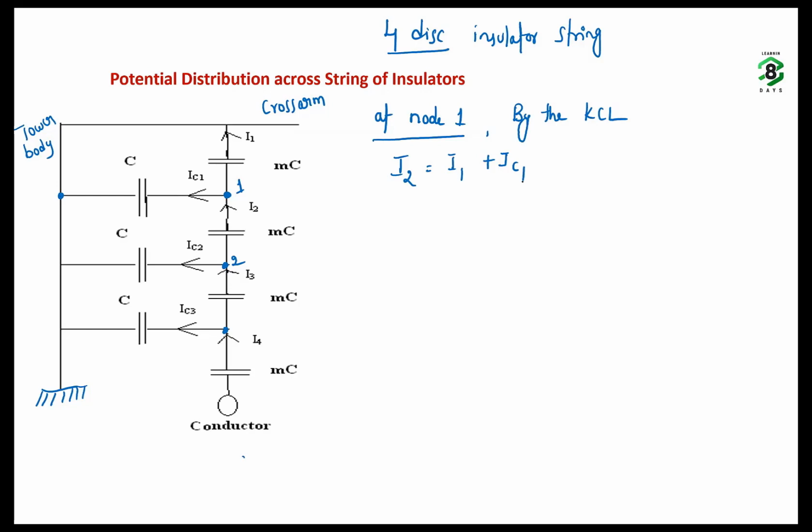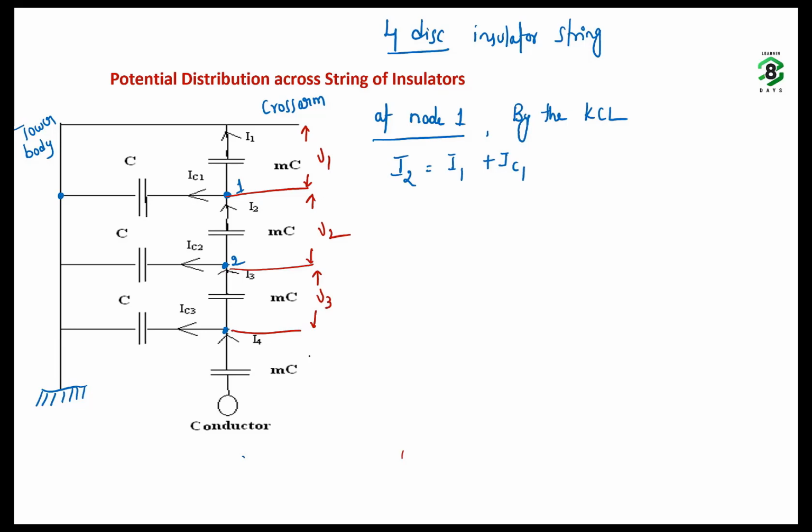Now, what is I1? Let us define the voltage across the first disk as small v1, across the second disk as small v2, across the third disk as small v3, and so on.